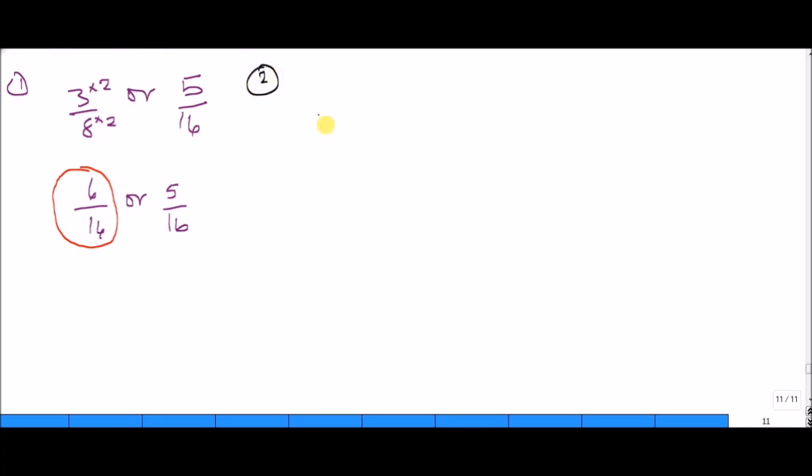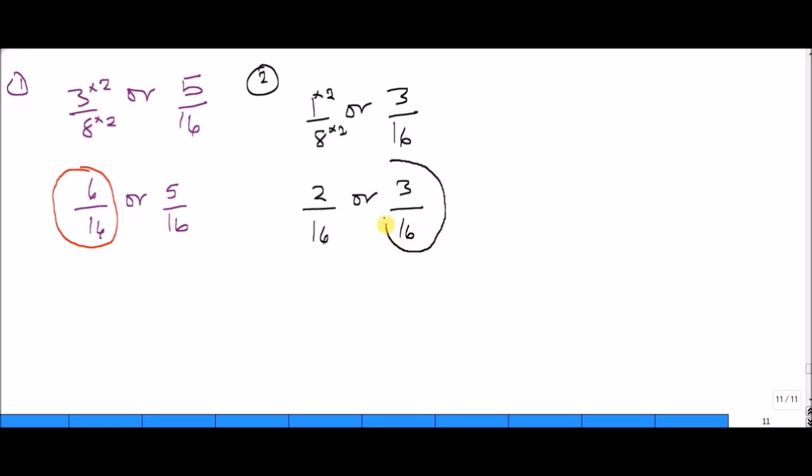Number 2, we have 1/8 or 3/16. We're dealing with 16 again, so we multiply by 2. Okay, so 2 ones will give us 2 over 8 times 2, 16, or 3 over 16, and 3 over 16 is larger.